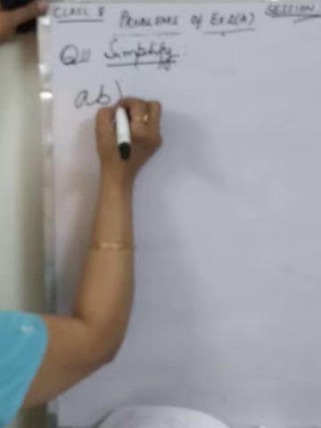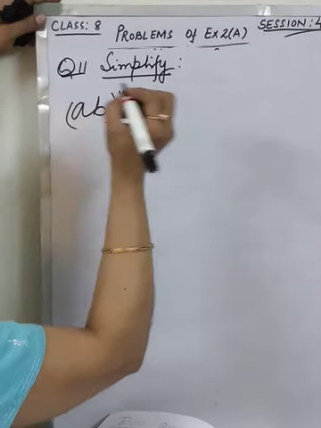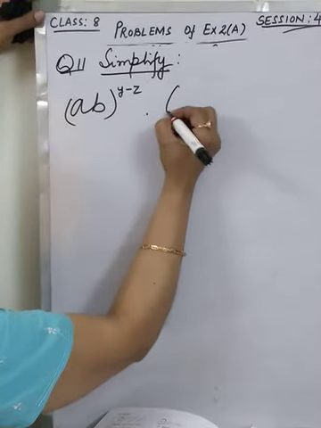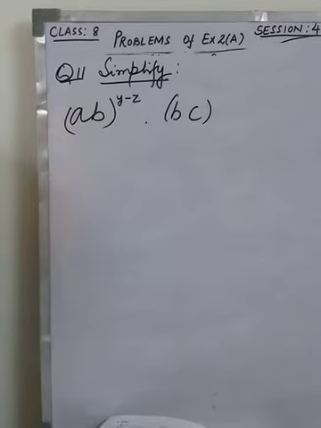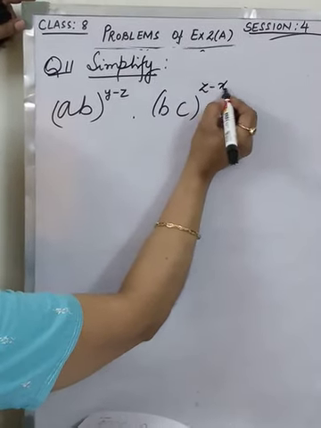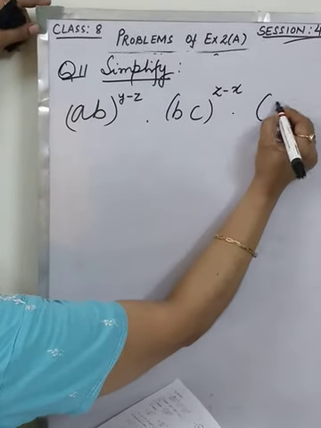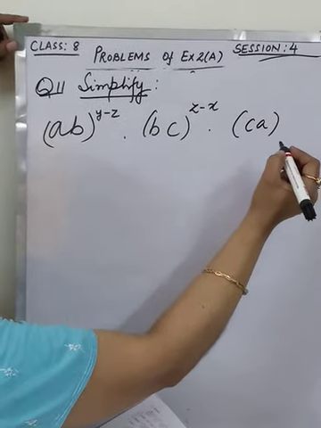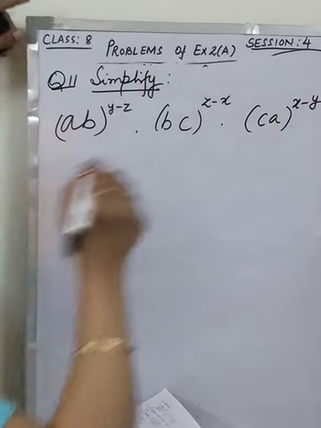AB whole to the power y minus z into BC. A dot sign is here, which means we have a multiplication sign between the terms. And the last term is CA whole to the power x minus y.